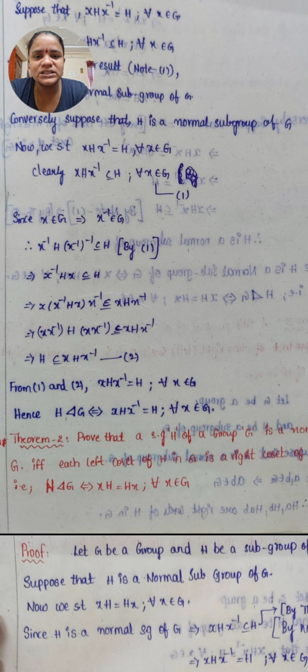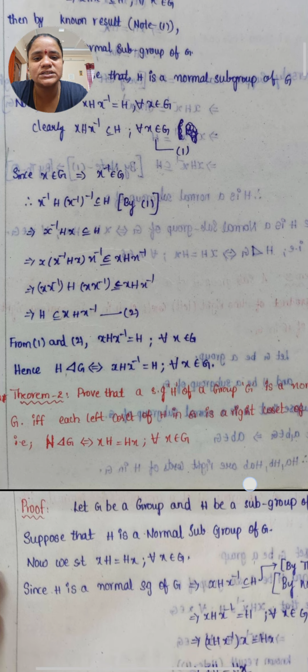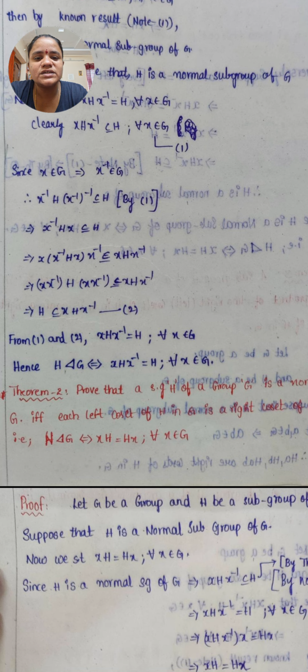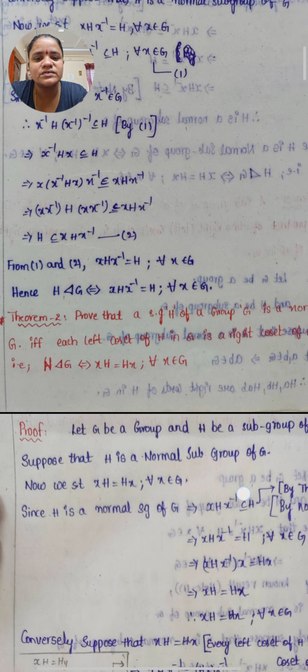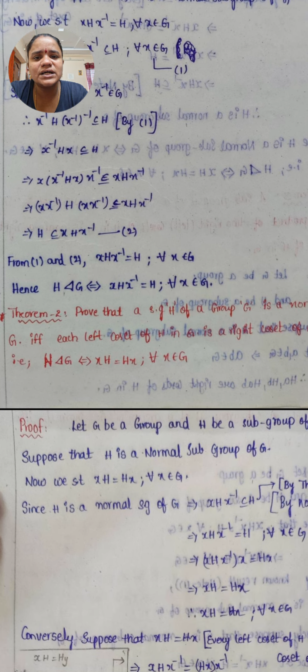Therefore x⁻¹H(x⁻¹)⁻¹ is contained in H, so x⁻¹Hx is contained in H. So x(x⁻¹hx)x⁻¹ belongs to xHx⁻¹. Therefore H is contained in xHx⁻¹.